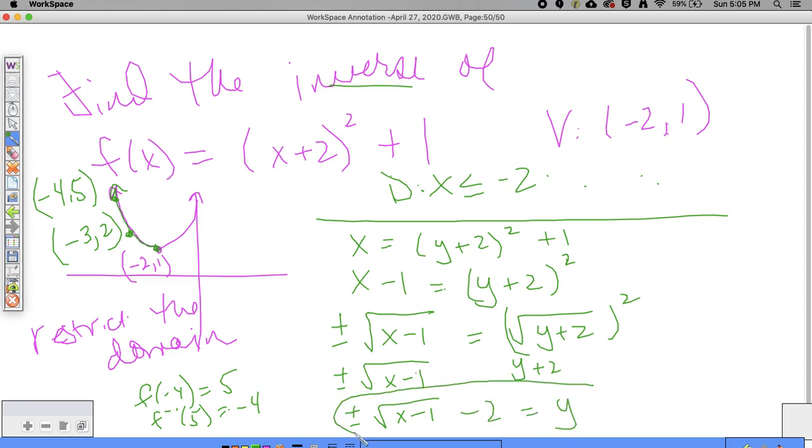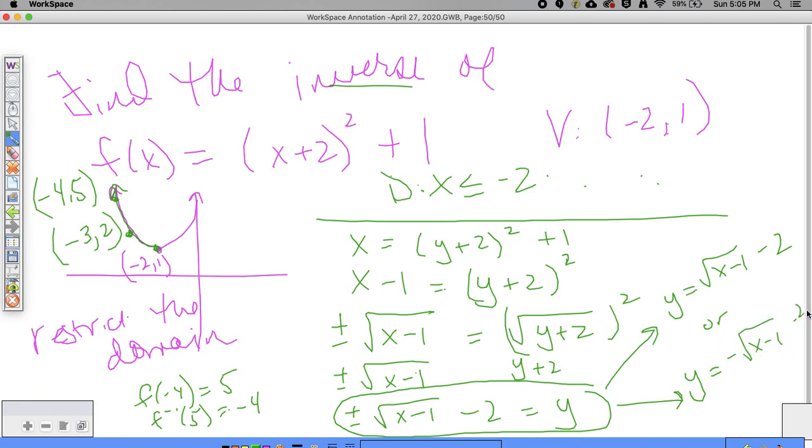You should know that there are two functions here. We have y is equal to the square root of x minus 1 minus 2, or we have y is equal to the negative square root of x minus 1 minus 2. So that means we have to choose between these two.